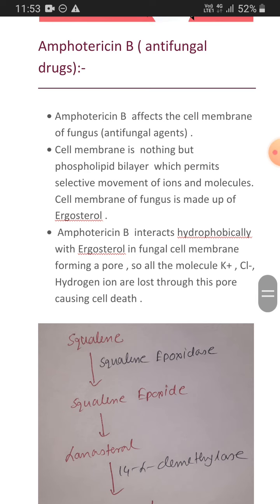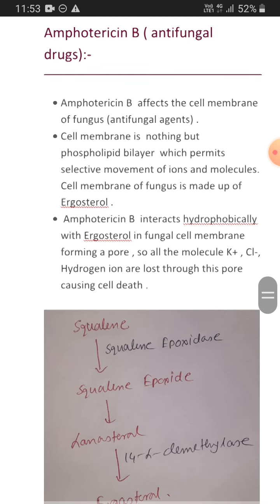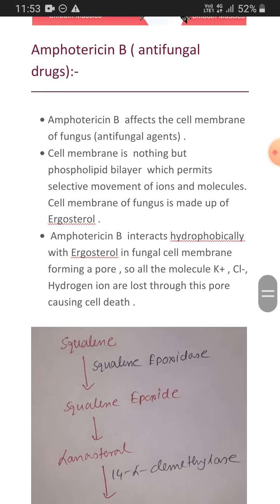You have to say that the building block of the cell membrane in fungus is ergosterol, and amphotericin B interacts with ergosterol hydrophobically to form a pore. Through this pore ionic imbalance occurs, K plus, Cl minus and hydrogen ions are lost, and this leads to cell death. That is how amphotericin B works.